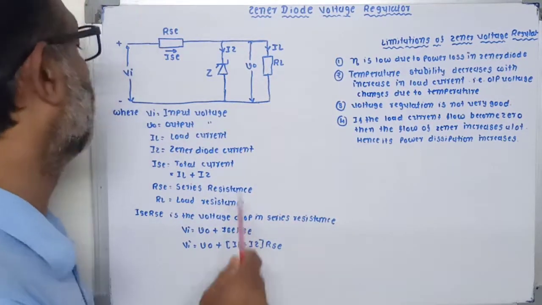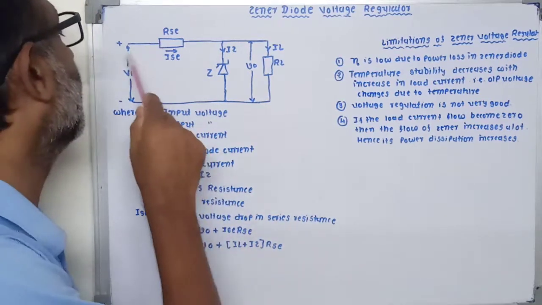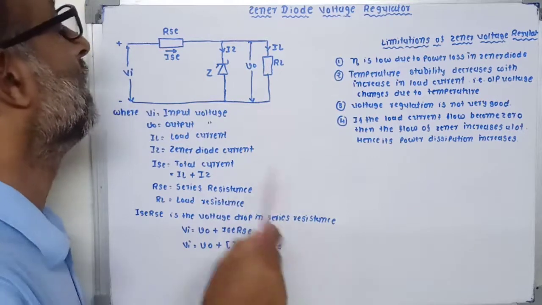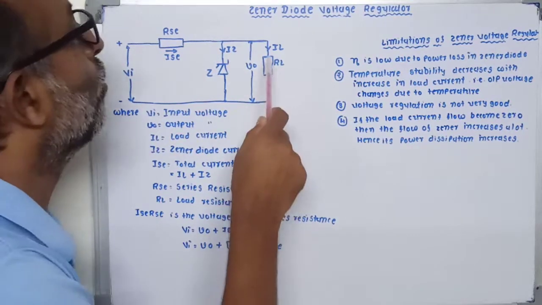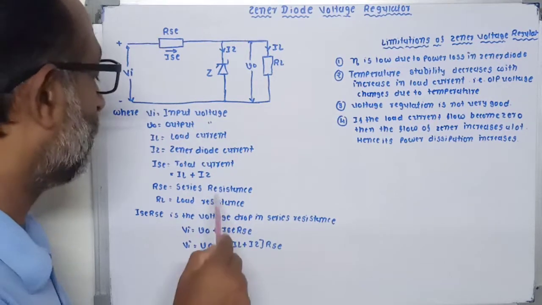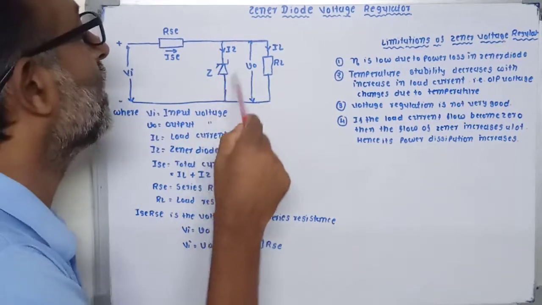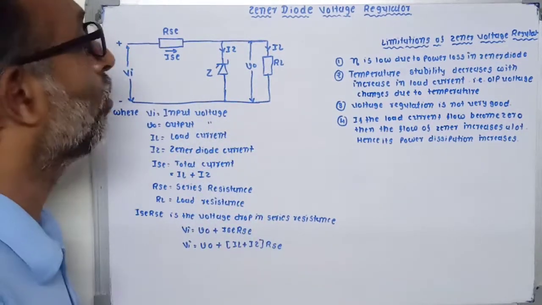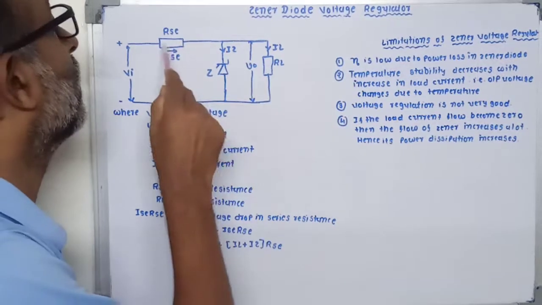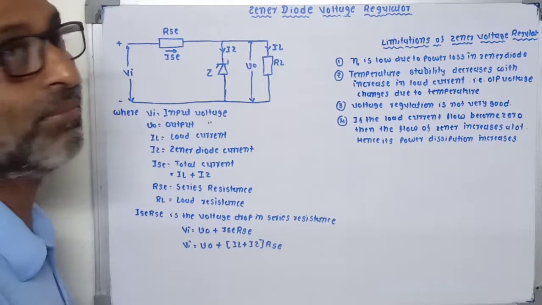Now first we will see the first case, if our input voltage remains constant and suppose the load current is increased. So in this case, IL increases. Now the Zener diode draws less current, to keep the current passing through this resistance ISC the same as before.